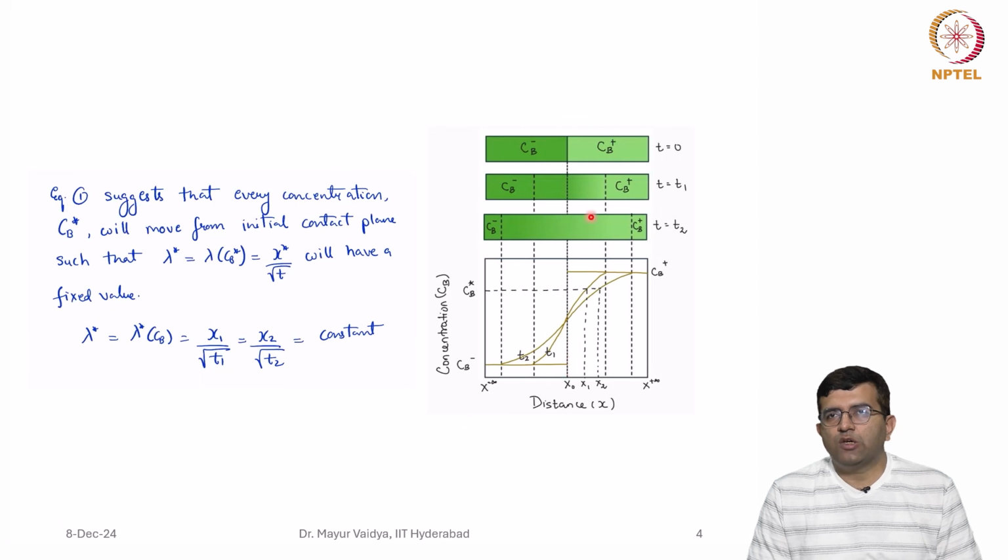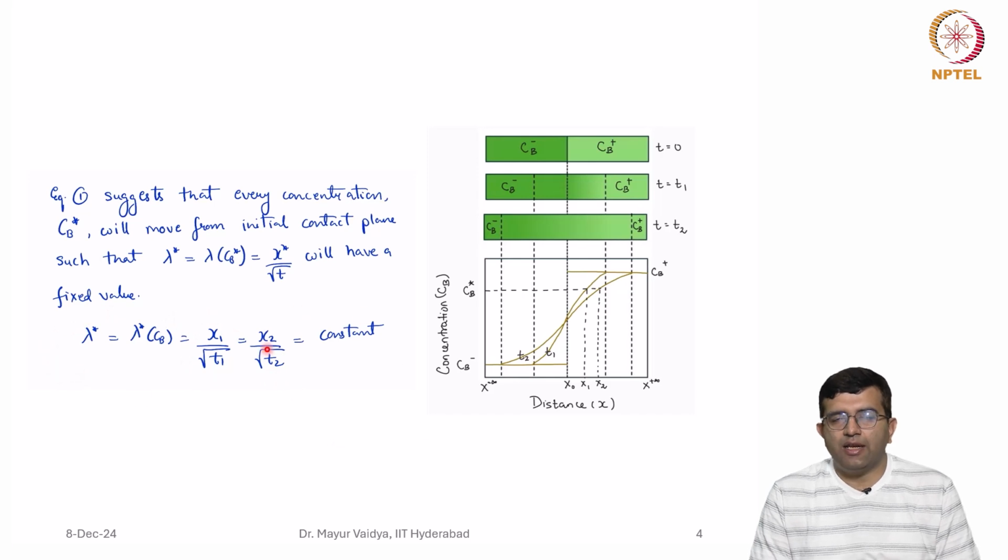If you have x naught, the initial contact plane, and a composition Cb star located at a distance x1 after time t1, then if you anneal for t2, you will get Cb star at another position x2. So x1 by root t1 is equal to x2 by root t2, and that parameter is known as lambda.